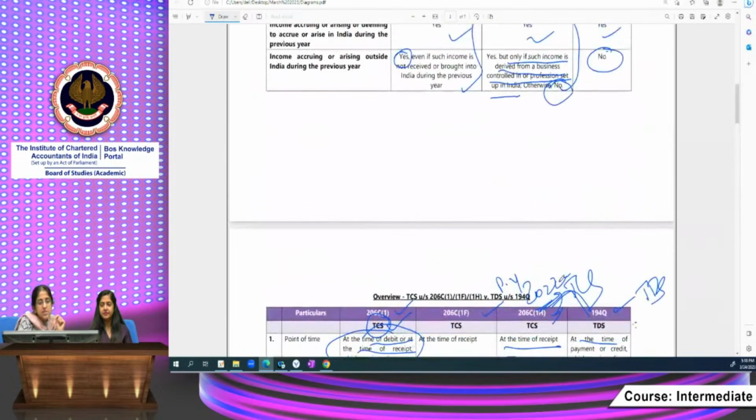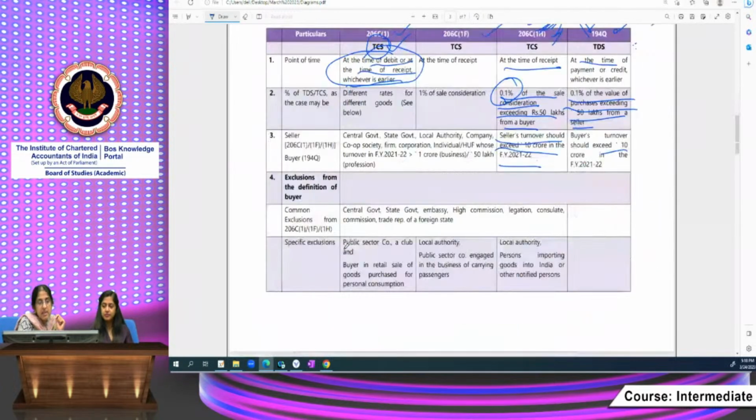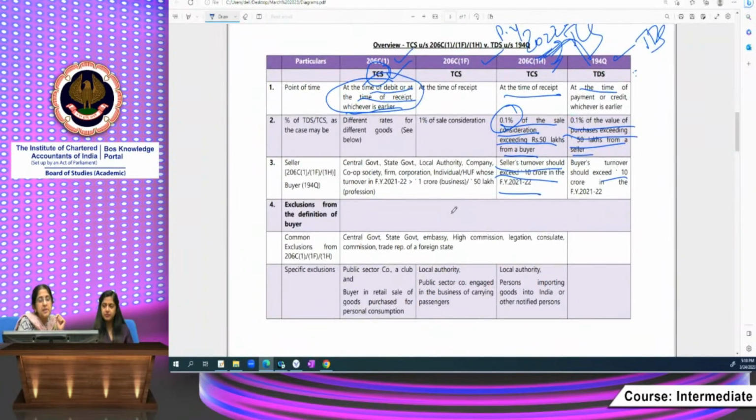What I was trying to say is the order. If any item is covered, it's the interplay between these four sections. Let me repeat: 206C1, 1F, 1H, and 194Q. The problem comes because these two sections have been recently inserted and they talk about all goods and services.